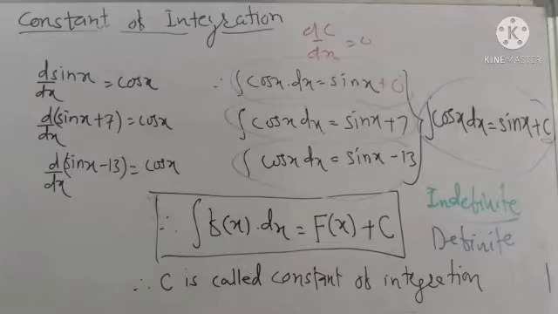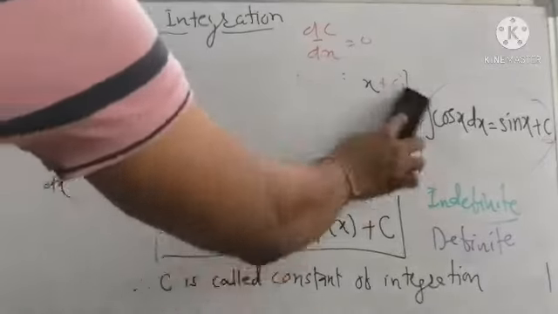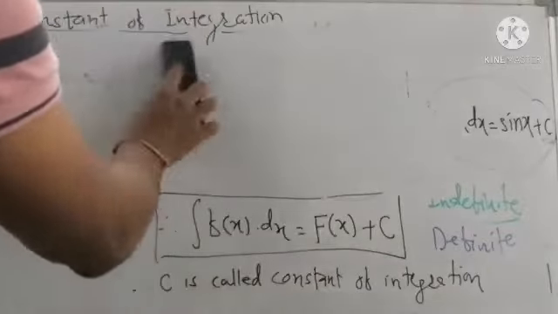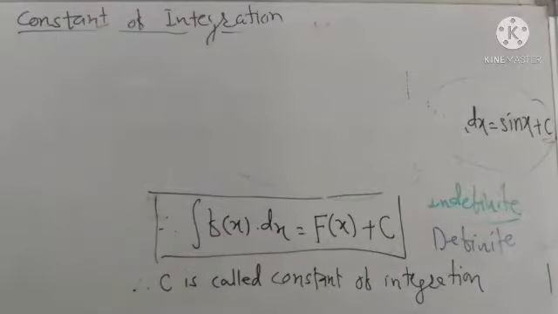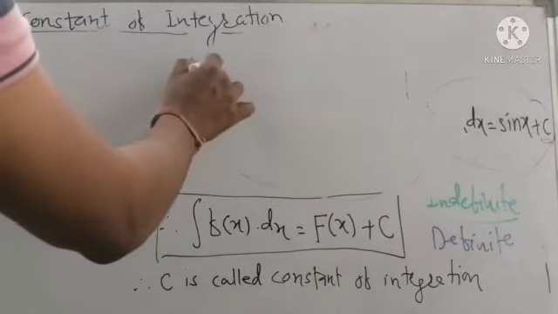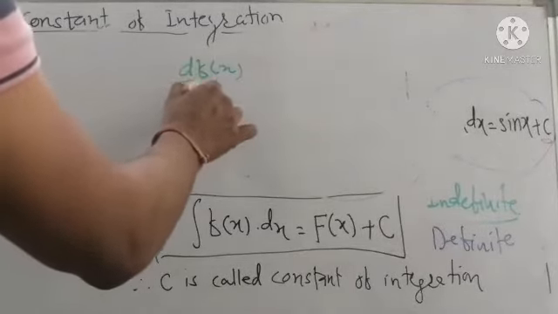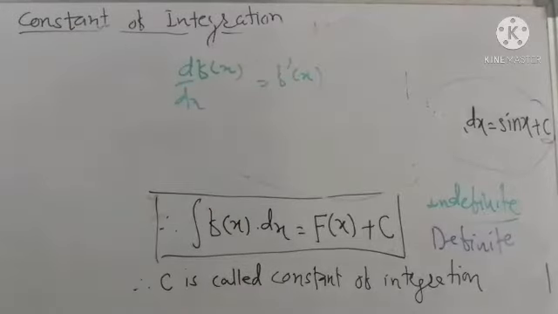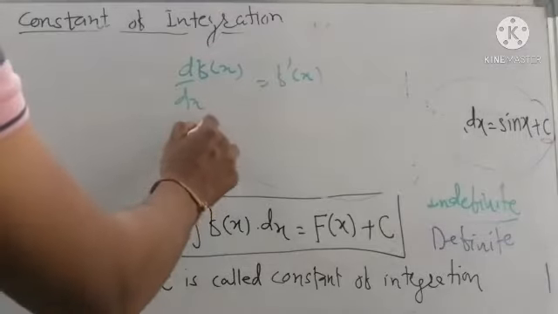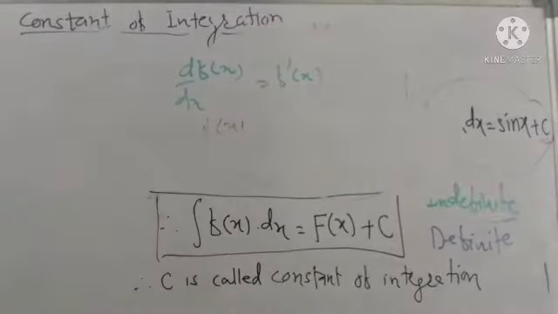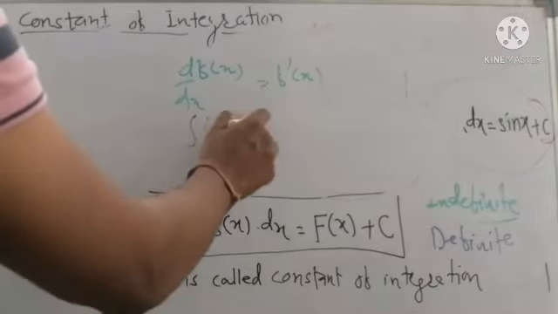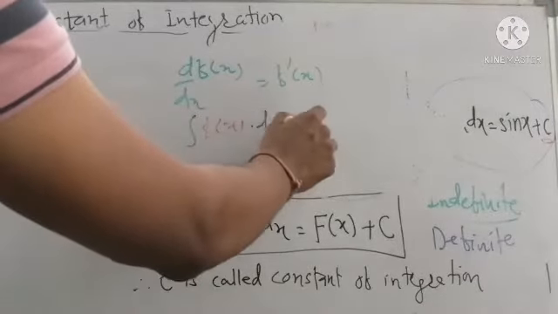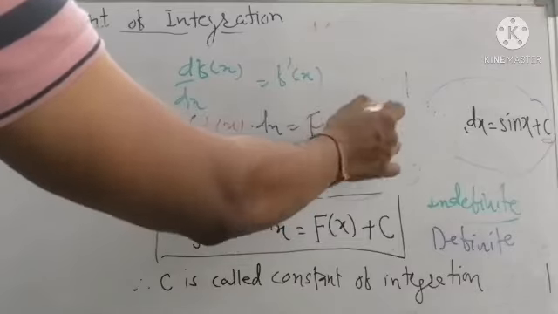Okay. Now next, there is one notation which you should remember: the derivative of f of x is always f dash x. And now see the integration of f of x. The integration of f of x with respect to x is capital F of x plus c.